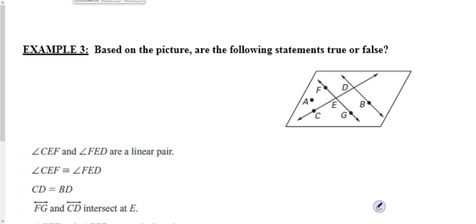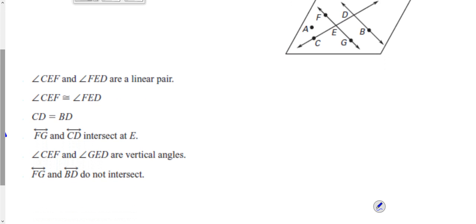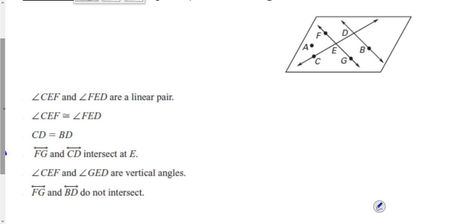All right, example number 3. Based on the picture, are the following statements true or false? I'm looking for true or false answers here. Angle CEF and FED are a linear pair.